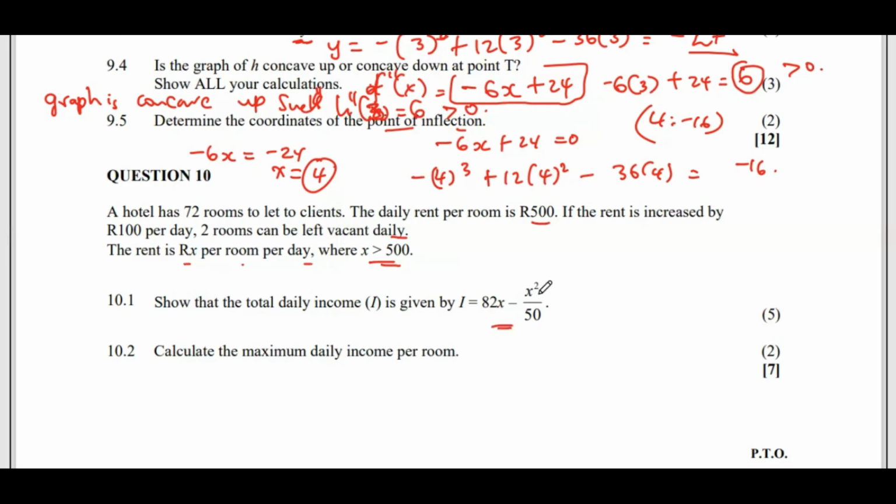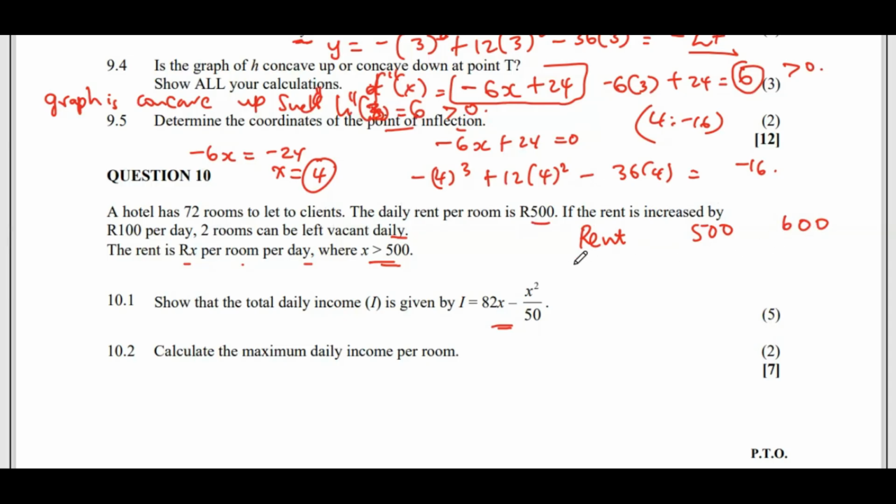So what we need to do is set up equations or expressions for what might be happening here. For an example, look at the rooms and the income that is coming through. If the rent is 500, and then in another scenario the rent is increased to 600, what's going to happen?